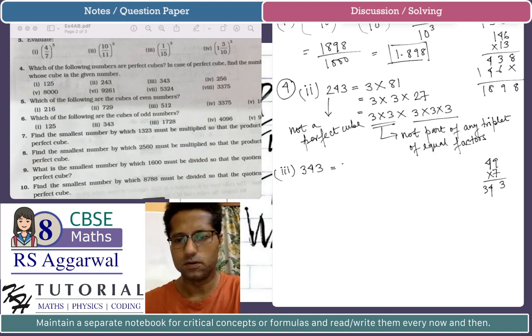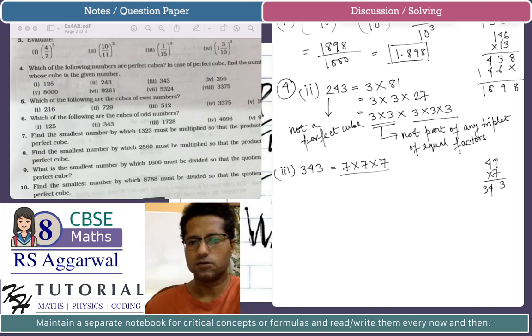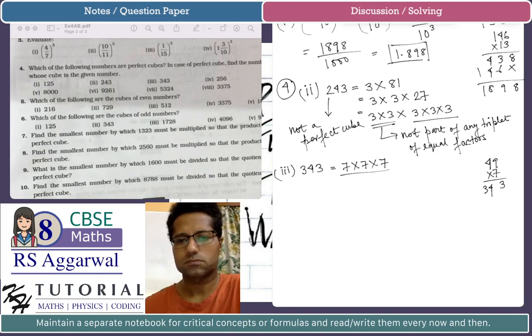So this is equal to 7 multiplied by 7 multiplied by 7, and we can clearly see that all the factors are part of one triplet. There is only one triplet. So this is a perfect cube.